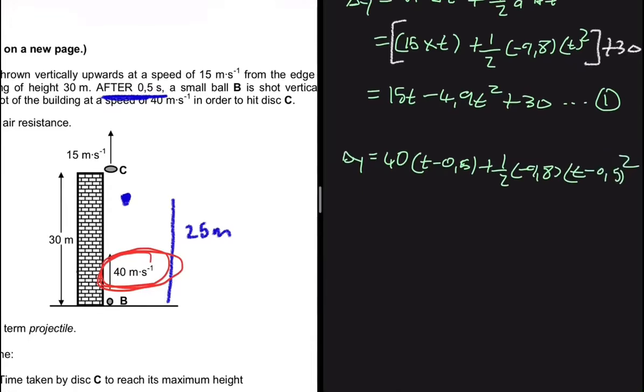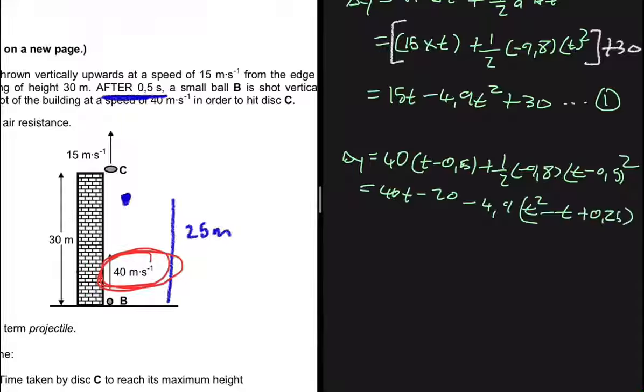So let's go ahead and solve this. If we do that, we're going to get 40t minus 20, right? 40 multiplied by 0.5, and then we're going to have minus 4.9, and then we have t minus 0.5 squared. So let's go ahead and solve that. T multiplied by t will be t squared, and then t multiplied by minus 0.5 multiplied by 2 will be minus t, and then 0.5 multiplied by 0.5 will be plus 0.25, right?